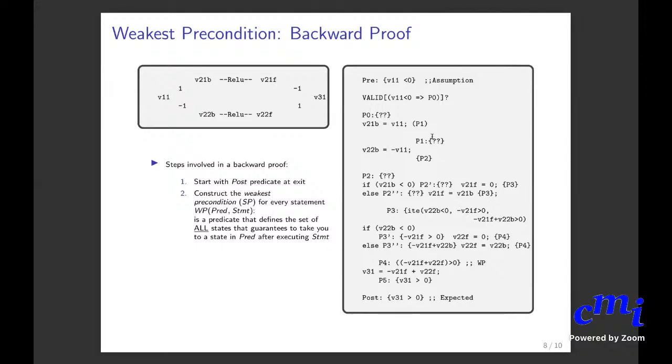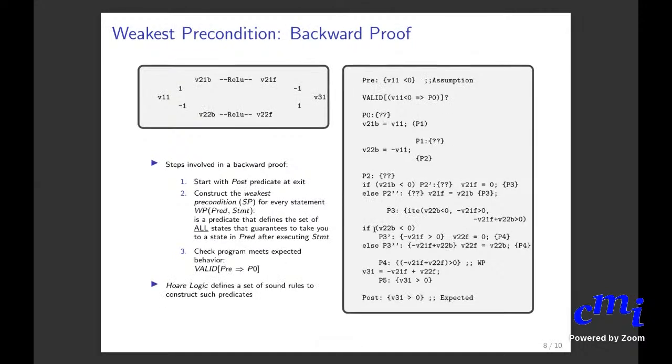And you can do this all the way across until you get the entry point, and then check if your precondition indeed implies the weakest precondition that you have derived at the entry point, which is P naught.